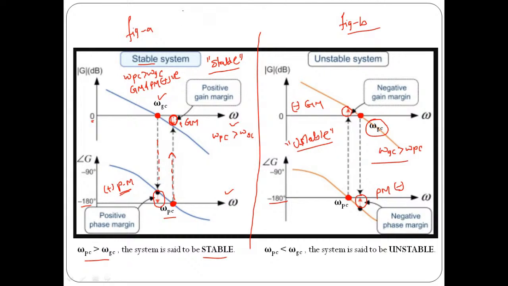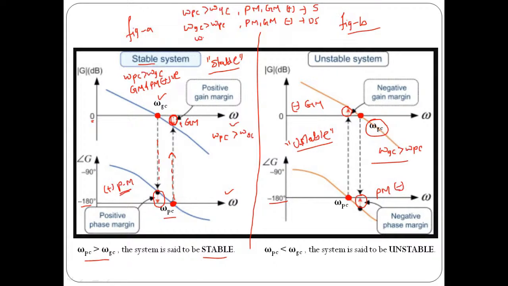The logic is, if the value of omega PC is more than omega GC, both phase margin and gain margin are going to be positive, the system is said to be stable. If omega GC is more than omega PC, both gain margin and phase margin are going to be negative, the system is said to be unstable.